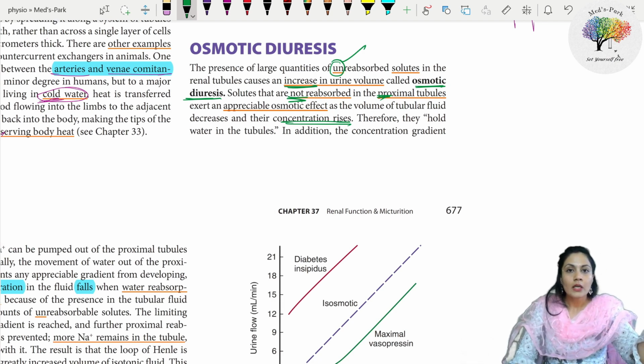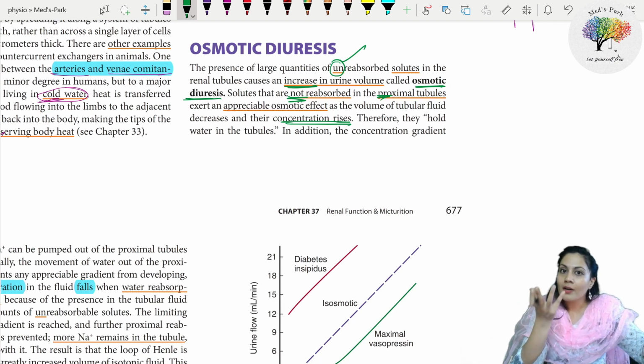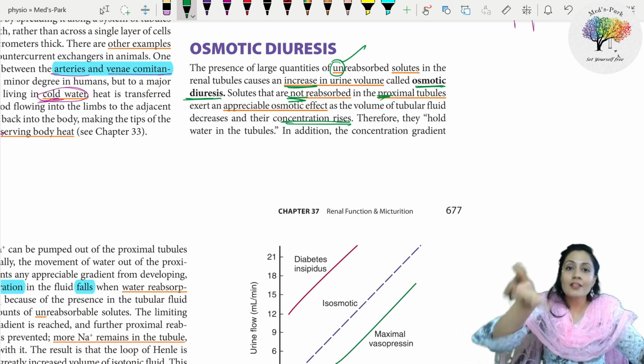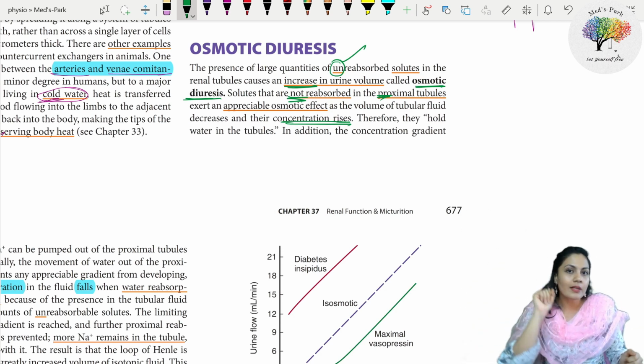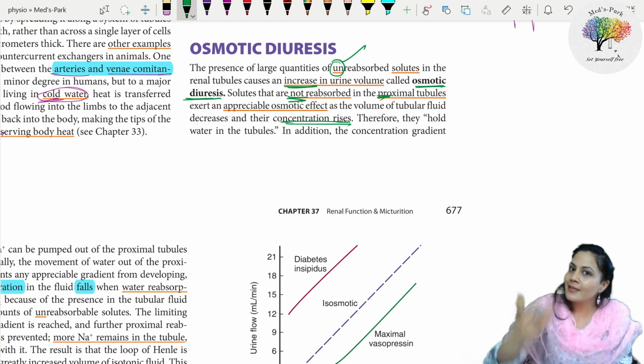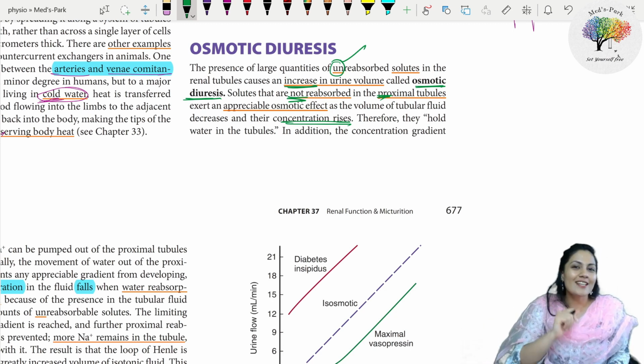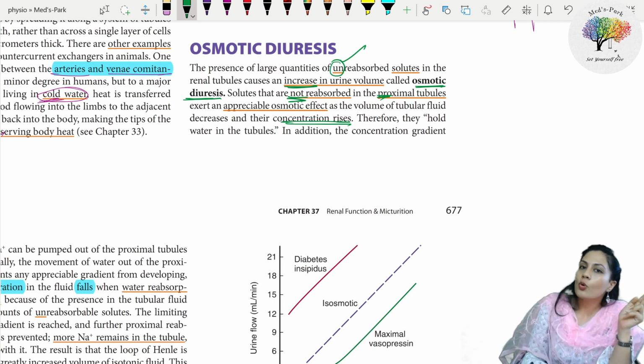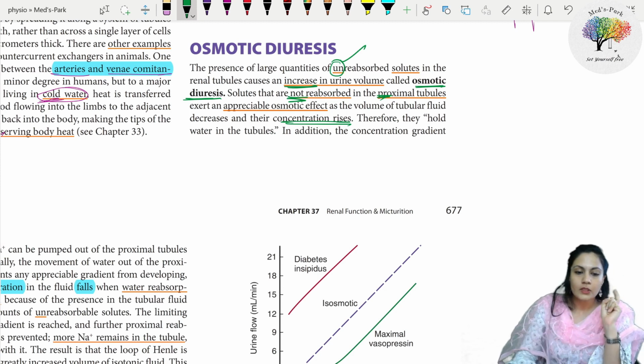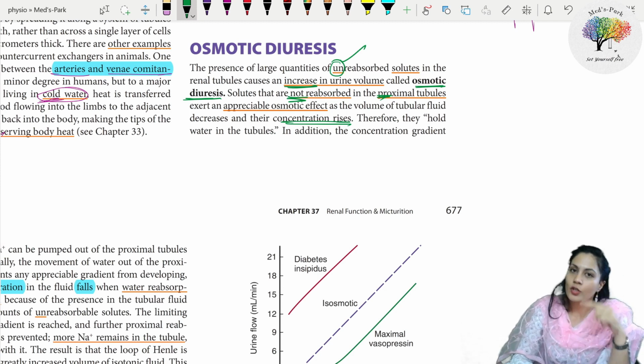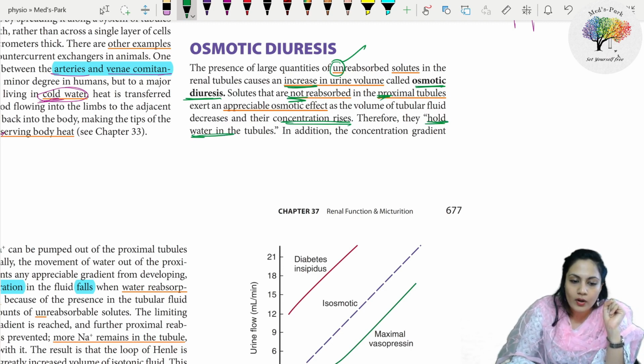Water is going to move out, and whatever solutes were not reabsorbed, their concentration per liter is going to increase, isn't it? The amount is similar, but the concentration is increased. Why? Because PCT is going to reabsorb the water, right?